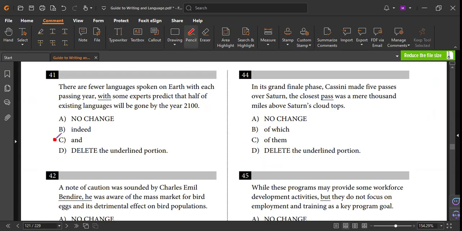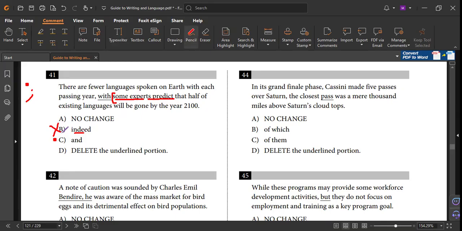We need to follow the rules. Indeed, conjunctive adverb. I told you, if you want to use a conjunctive adverb at the beginning of the sentence, because this is the beginning of the second sentence, you need a full stop or semicolon before it. Here we don't have that. So B is wrong.